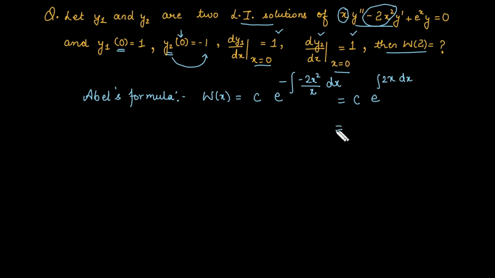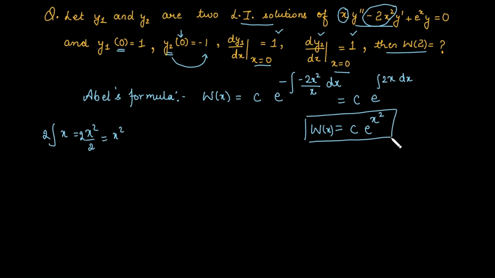The integration of x is x square by 2. If you multiply by 2, what you will get? x square. So here we are getting e raised to the power x square. This is what we are getting from Abel's formula, the expression of the Wronskian directly from the differential equation.